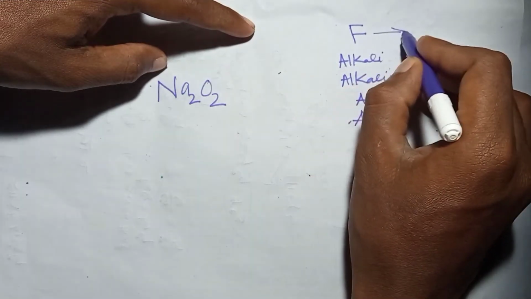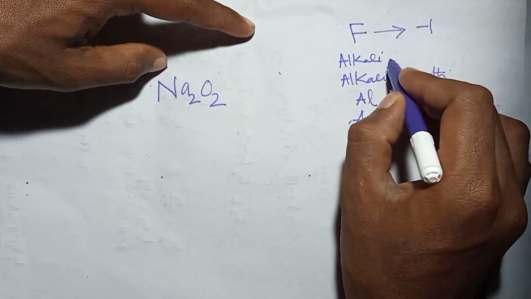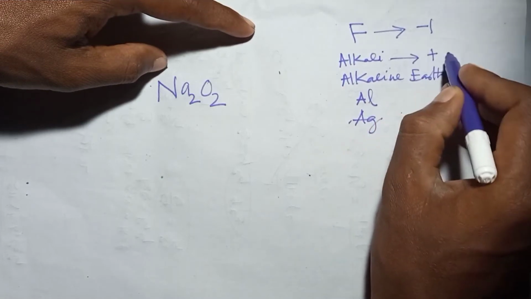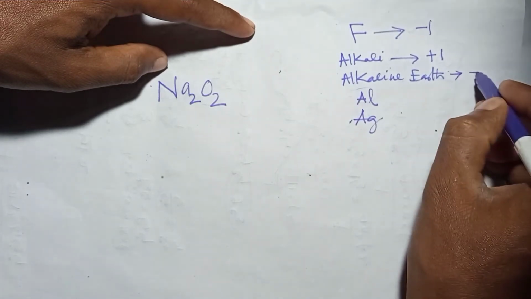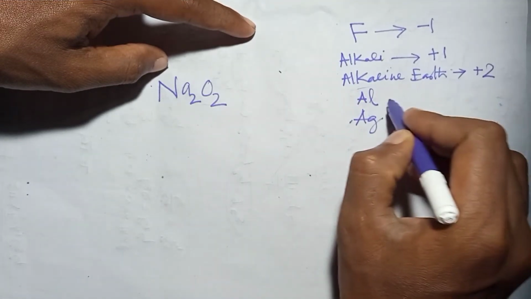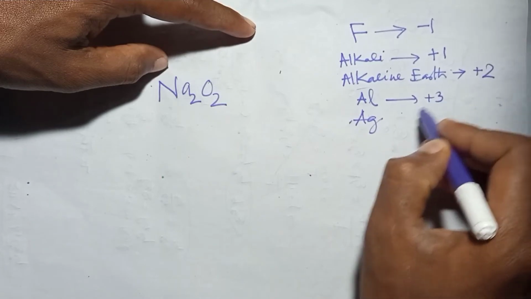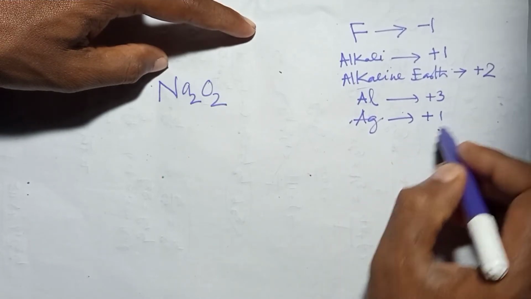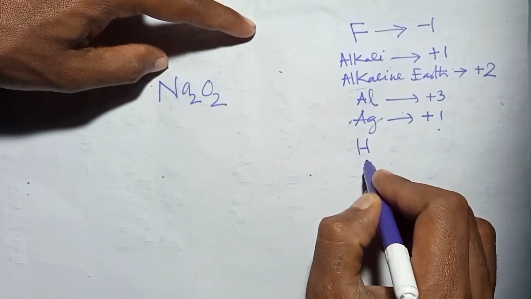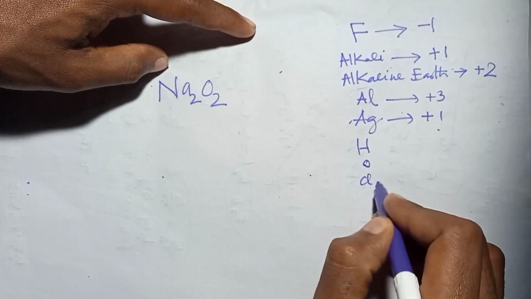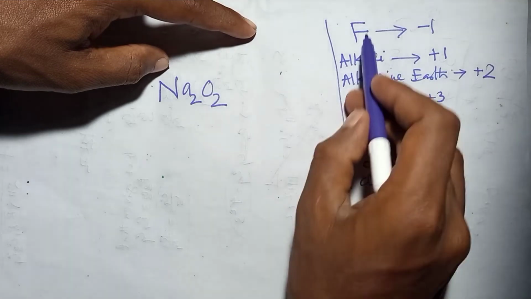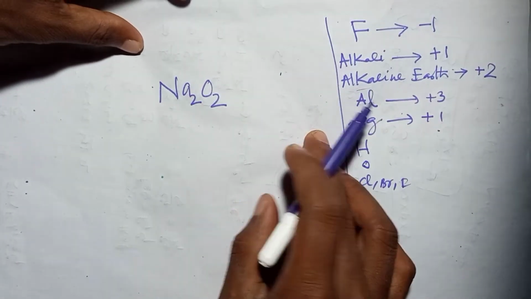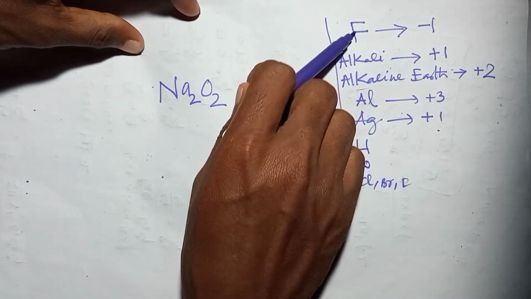Fluorine gets -1, alkali metal +1, alkaline earth metal +2, aluminium +3, Ag +1. Then hydrogen, then oxygen, then chlorine, bromine, iodine. So I have to search for the element in this order.